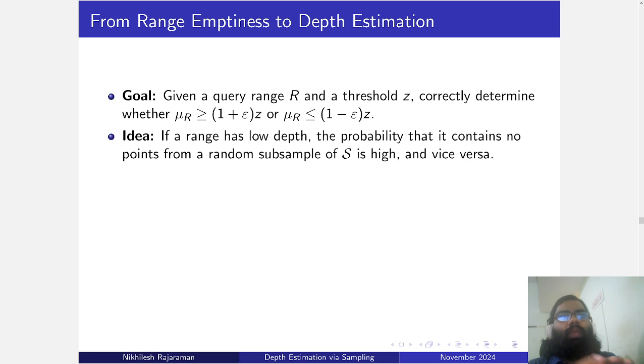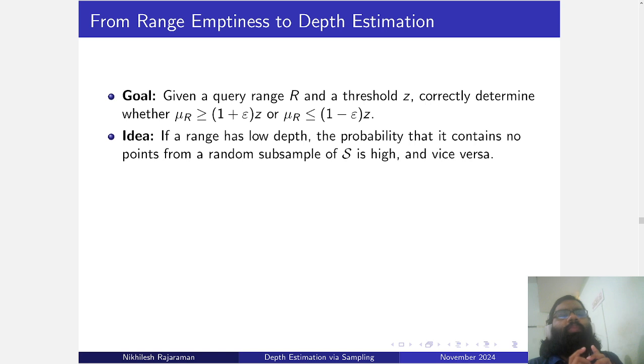We can then ask the following question. If we restrict our universe of objects to just this random sample, what is the probability that this range R is empty? So we've made a random sample and then we're asking, what is the probability that our range intersects with no objects in this random sample?